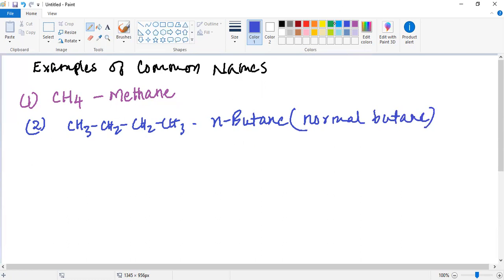Then, my dear students, we have the next one, which is known as isobutane. So it is CH3, CH, CH3, with another CH3. This is known as isobutane.